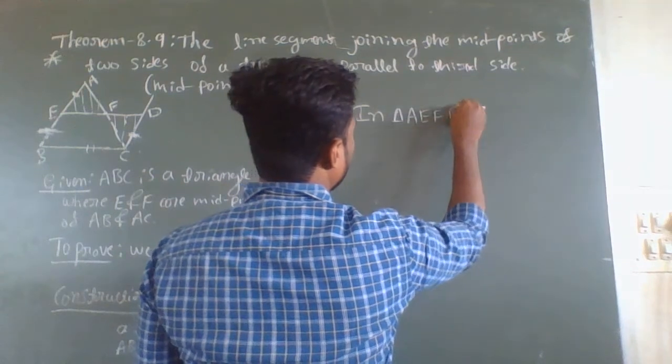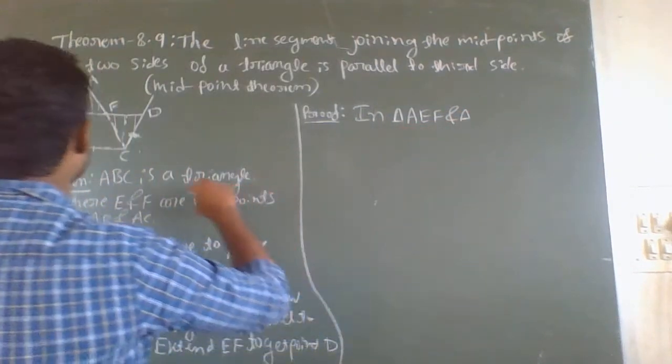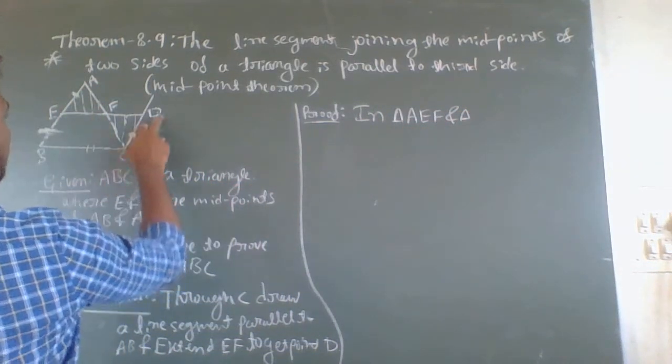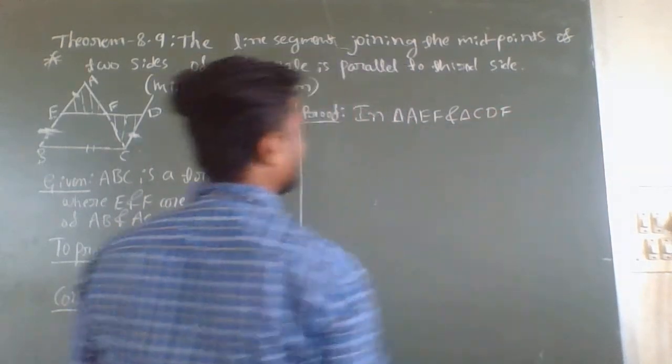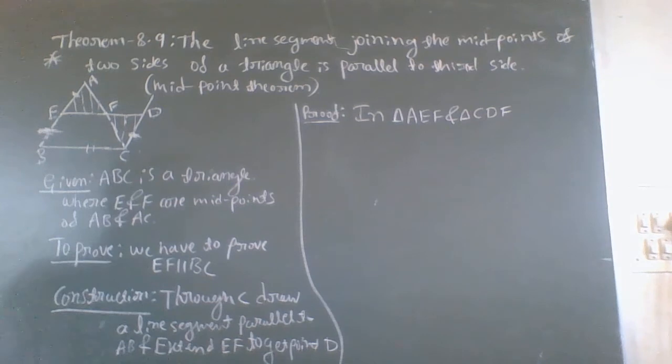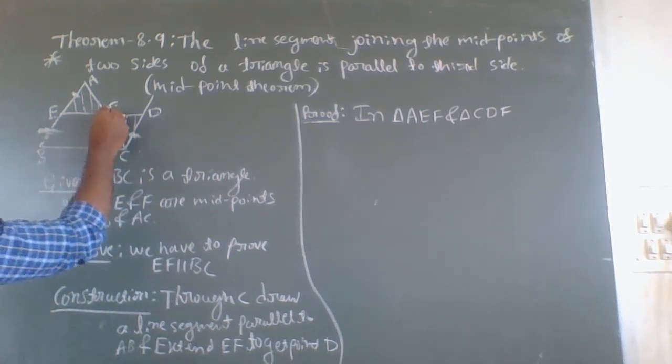In triangle AEF and triangle CDF. And here, first what can we write? We know that F is the midpoint.